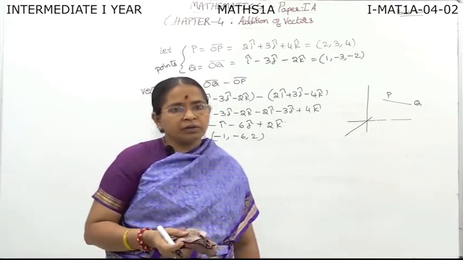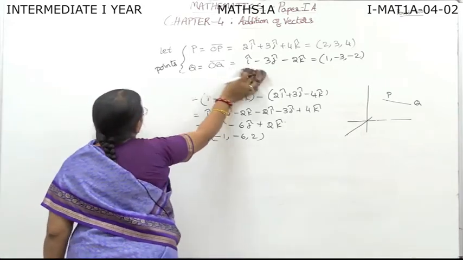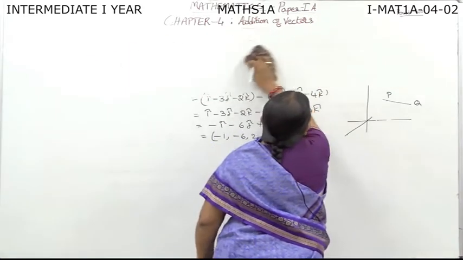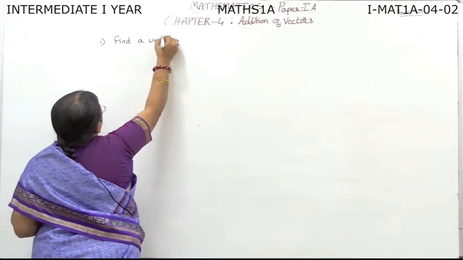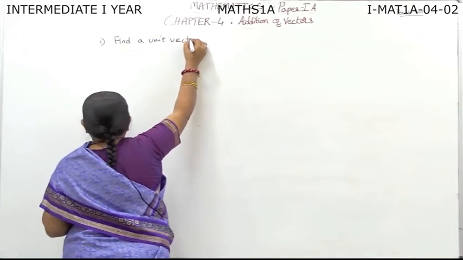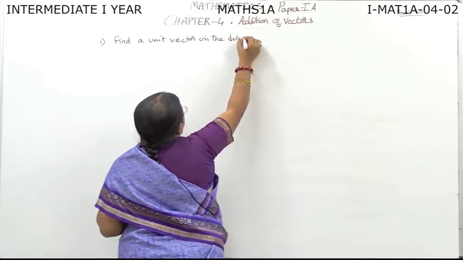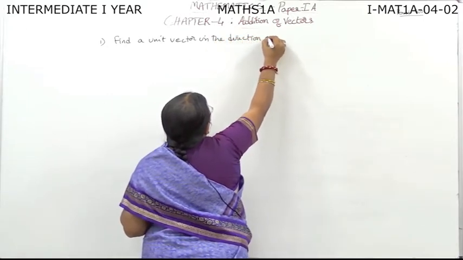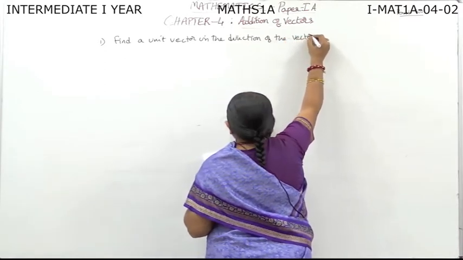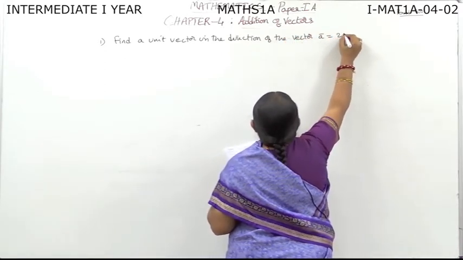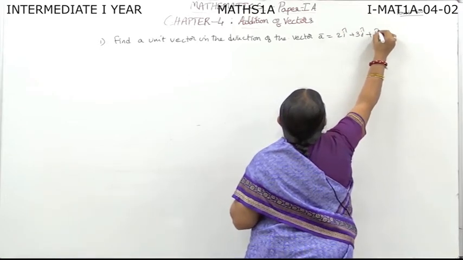With this, about 15-20 problems, so we'll do the problems. Find a unit vector in the direction of the vector A is equal to 2i plus 3j plus k.